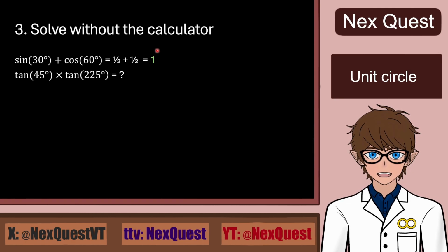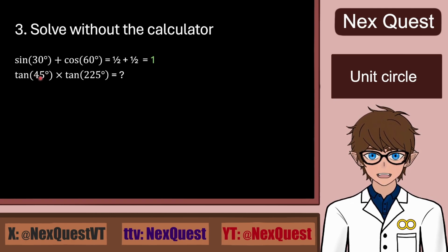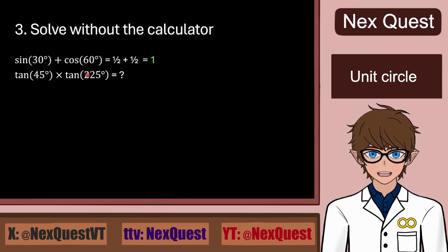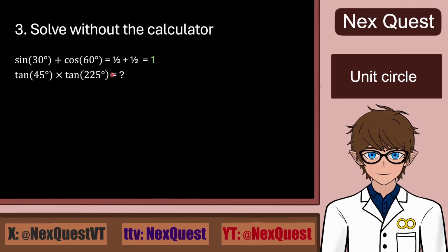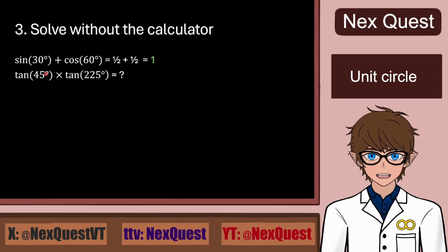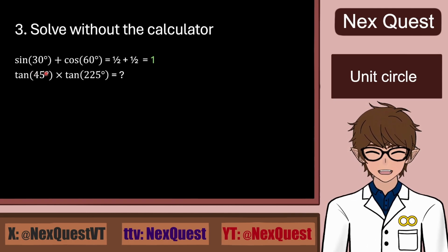Now for the last one to solve today: tangent of 45 degrees multiplied by tangent of 225 degrees. From the table, we know that the first one is 1. We check that, or we just use the Pythagorean theorem or whatever other rule we have.